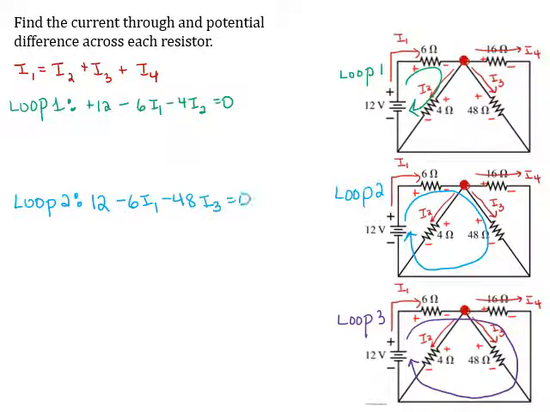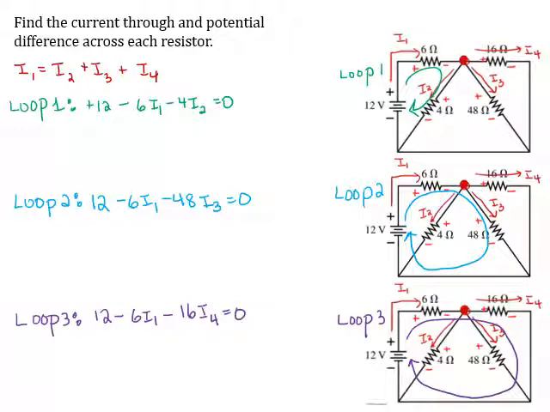And here, of course, I'm using Ohm's law that says V equals IR. Last, I'll do my loop 3. So loop 3 is my 12-volt battery supplying potential. I've got a drop across the 6 ohm resistor. Then I've got a drop over the 16 ohm resistor because my loop goes from positive to negative, minus 16 I4.